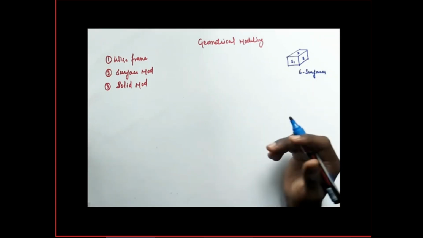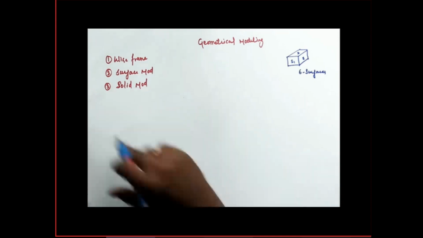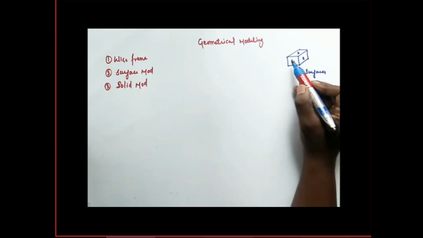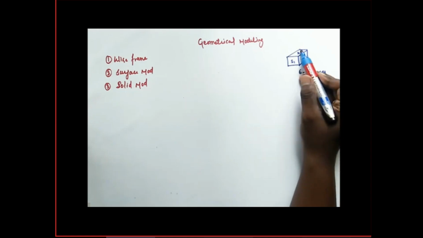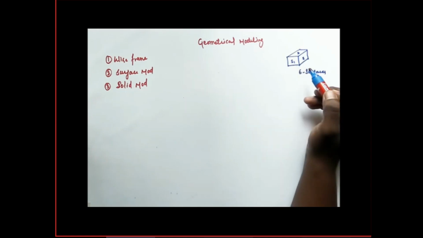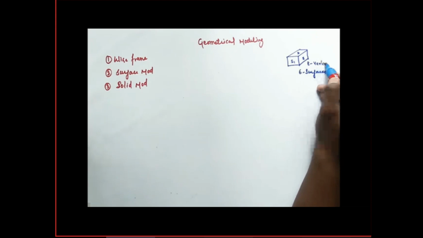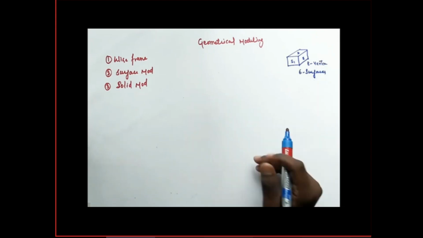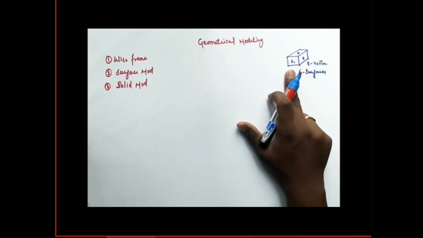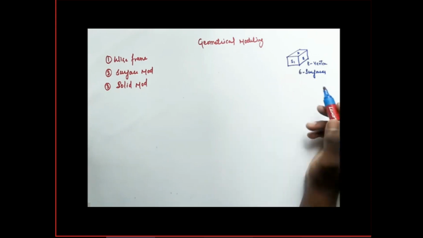Whereas in the earlier case of a wireframe model, you have to consider V1, V2, V3, V4, V5, V6, V7, V8. So you have to consider 8 vertices to develop a wireframe model. Now 6 surfaces are required to develop a surface model.